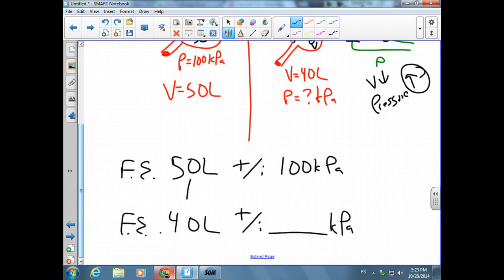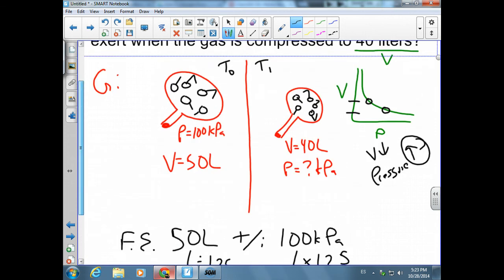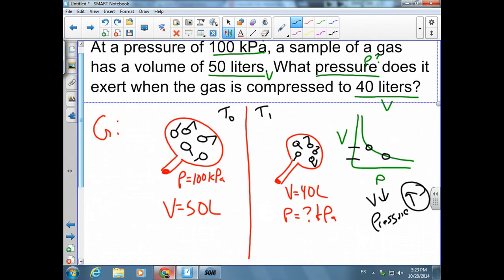So this went down by 1.25, which means that this is going up by 1 1/4. So this will be 125. Again, as the volume went from big to small, the pressure went up.